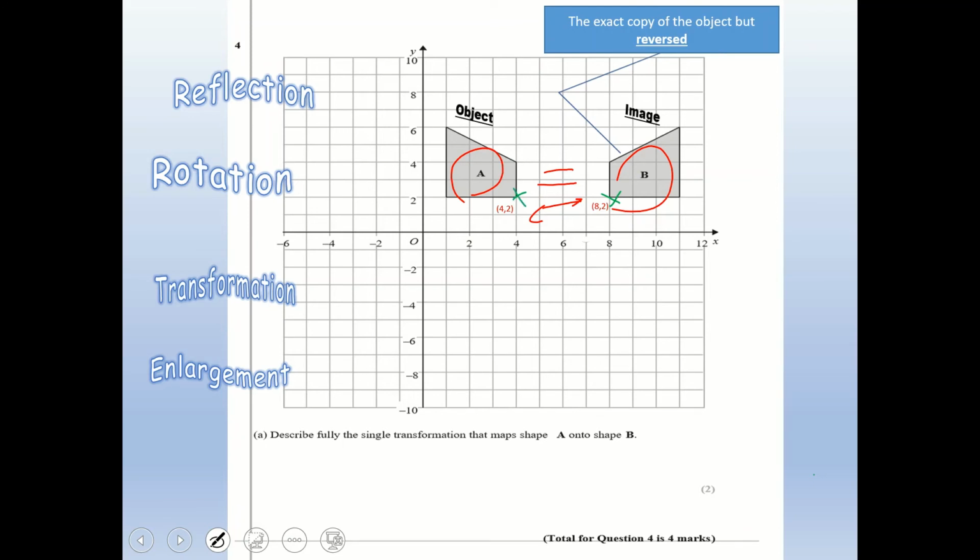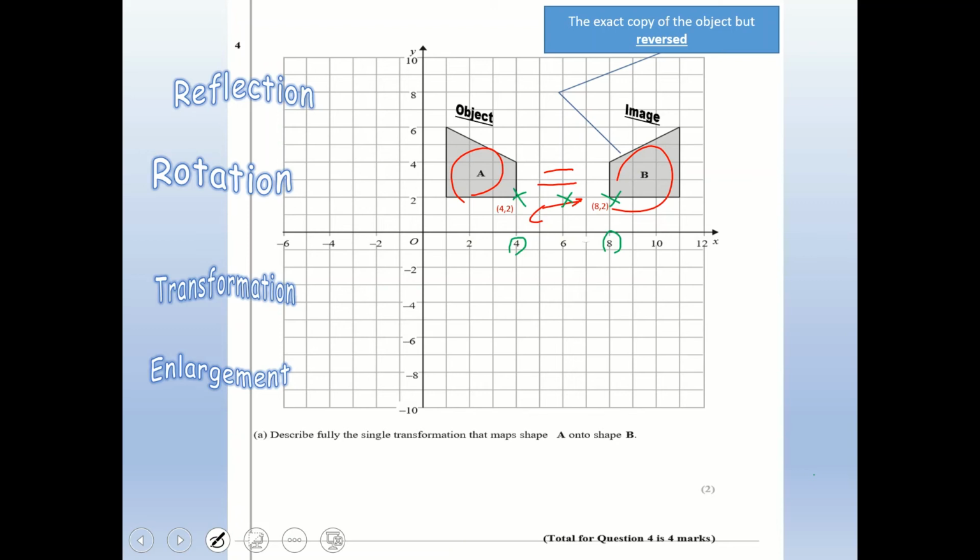The halfway point between 8 and 4 will be 6. So this is our halfway point between the pair of corresponding points, 8,2 and 4,2.